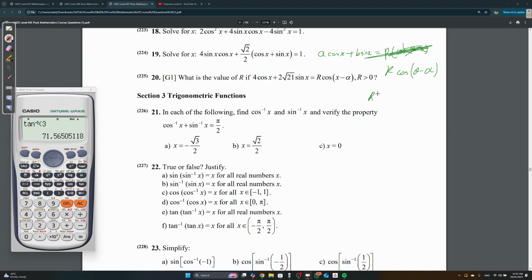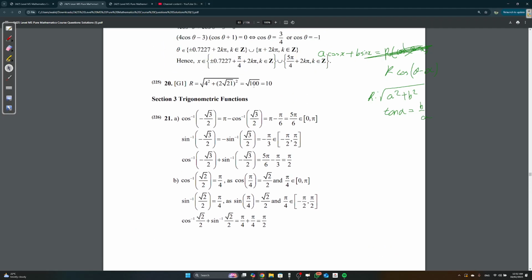Okay, where R is the magnitude, right? Tan alpha, or alpha is equal to tan inverse, but the book writes it like this: tan alpha is equal to b over a. Okay, anyways, what's R? It's just going to be the magnitude of a squared plus b squared, so root of 4 squared plus, in brackets, 2 root 21 squared, 10. Is that hard? Not at all.